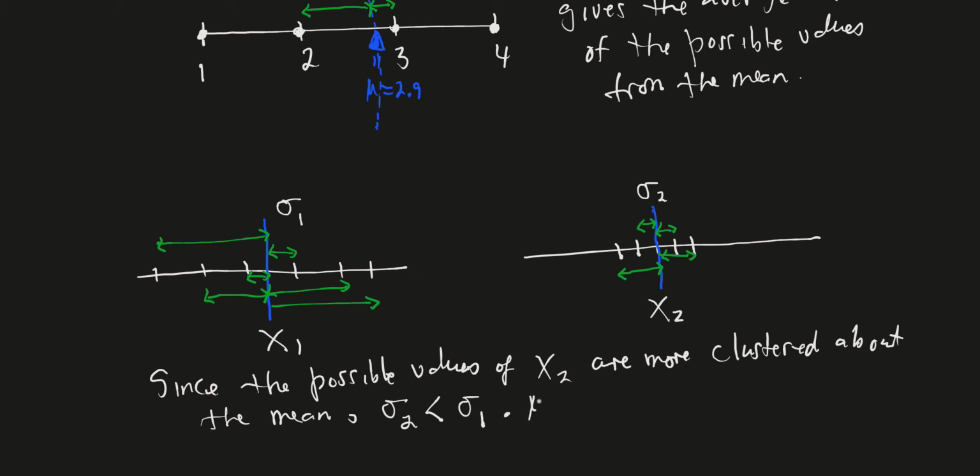Moreover, this means that x1, that random variable, exhibits more variability than x2 does. It covers a larger range of possible values, even though they're discrete. You can see that it covers a wider range than these.